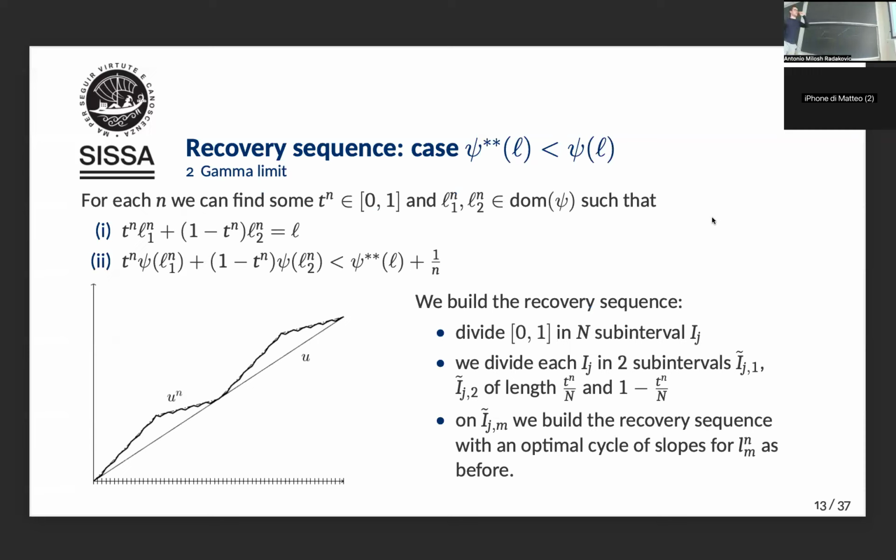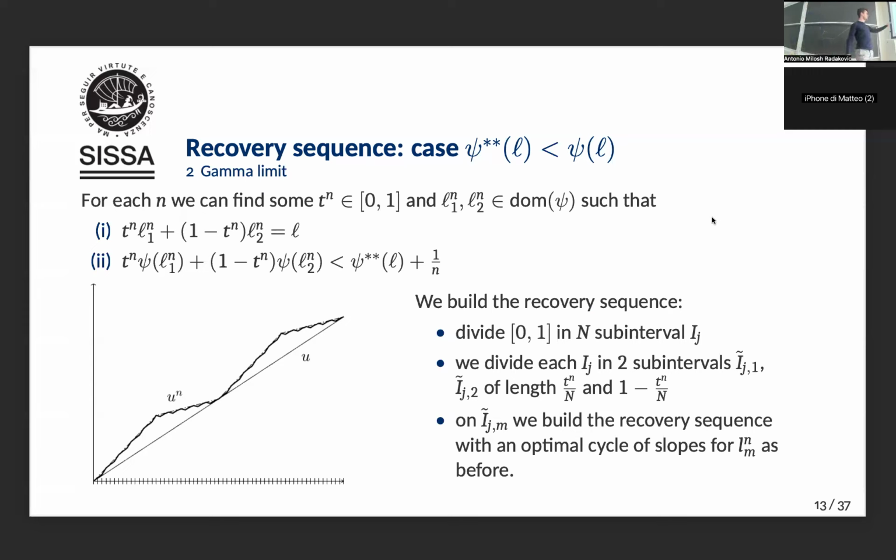So as I was saying, to recover psi-star-star we need to work with convex combinations of the function psi. So we will need to find some other two slopes, ℓ1 and ℓ2, such that their convex combination is almost the convex envelope, and the convex combination of ℓ1 and ℓ2 is exactly ℓ.